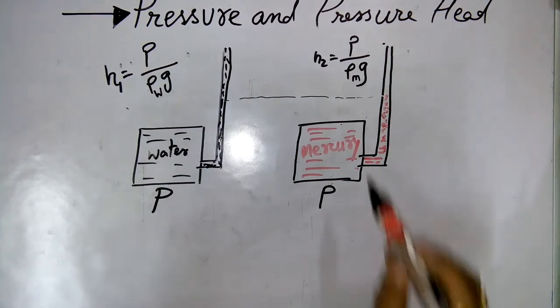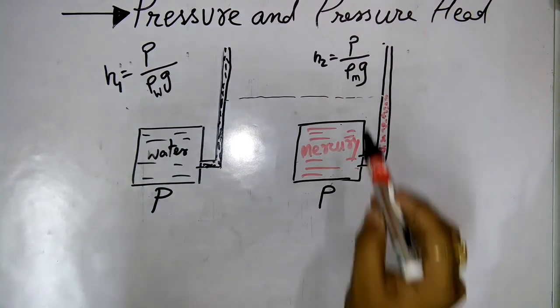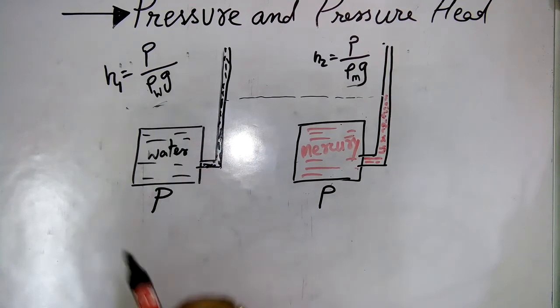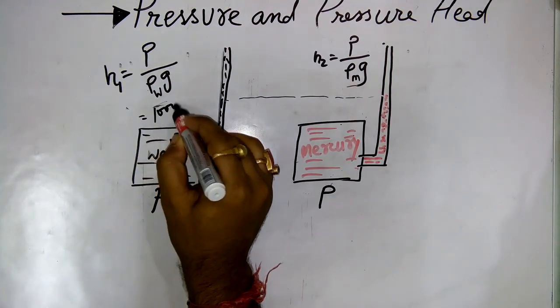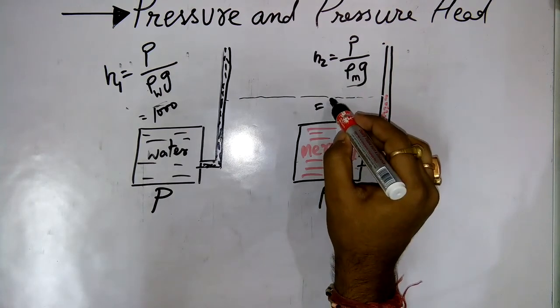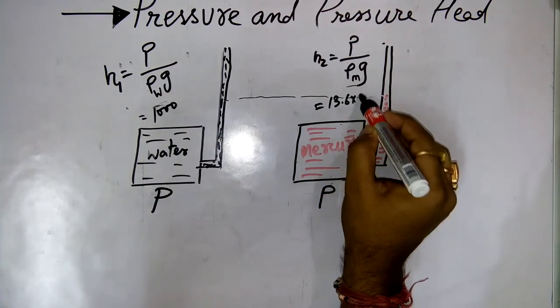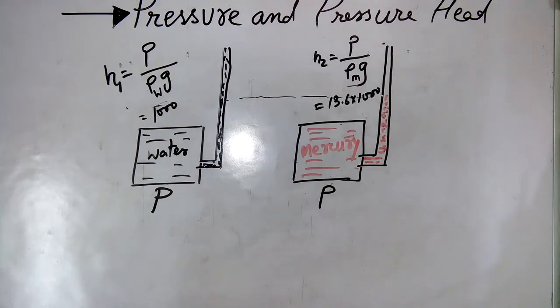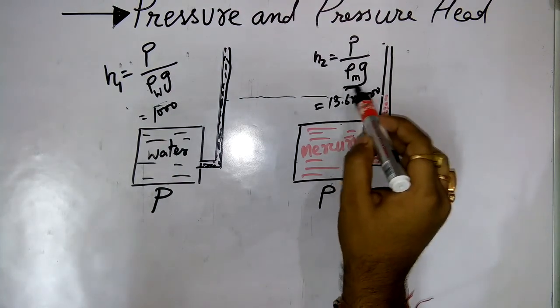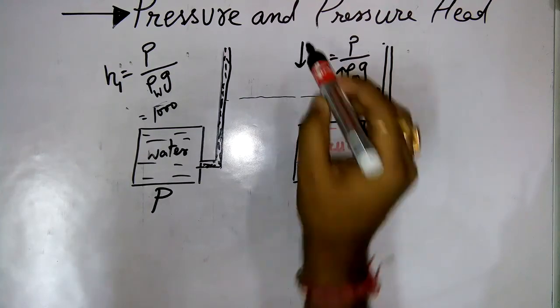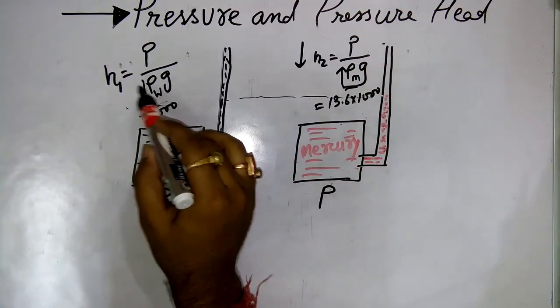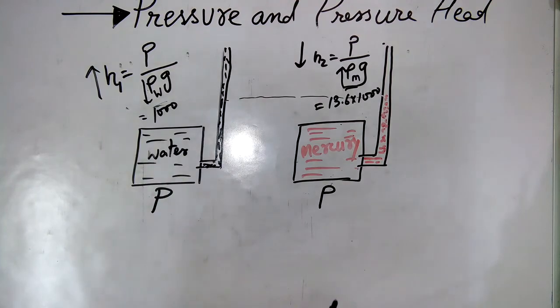Which density is more? Density of water is 1000 kg per meter cube and density of mercury is 13.6 into 1000 kg per meter cube. So the density of mercury is more, so this value is more, that means H2 will be less. This value is less, that means H1 will be more.